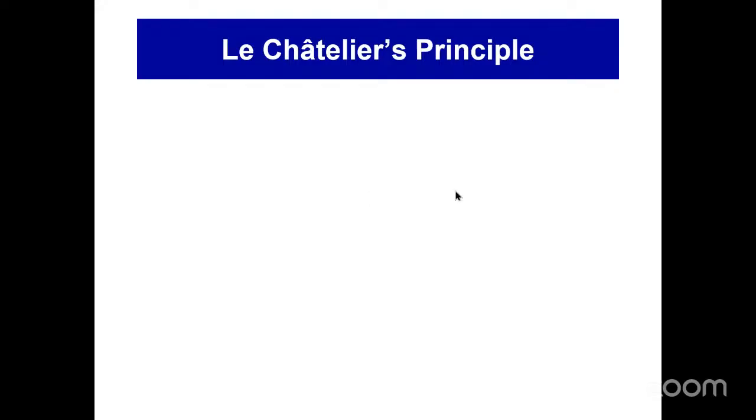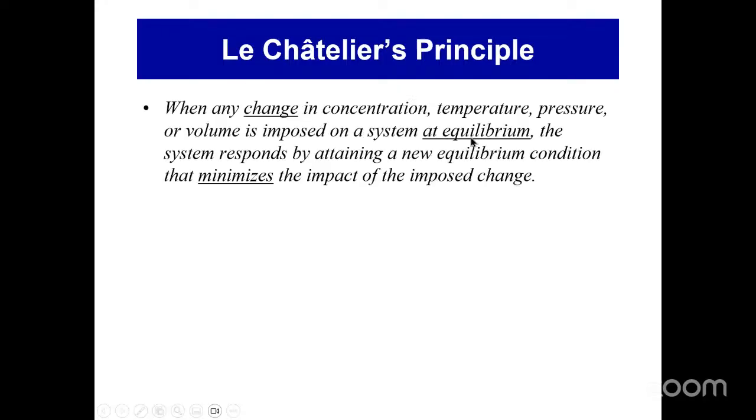Okay, so this deals with chemical systems in a state of dynamic equilibrium, where it's already in equilibrium, and then you do something to disturb the equilibrium. What this principle does is help you to predict how the system will respond to whatever sudden changes one may impose on a system that is already in equilibrium.